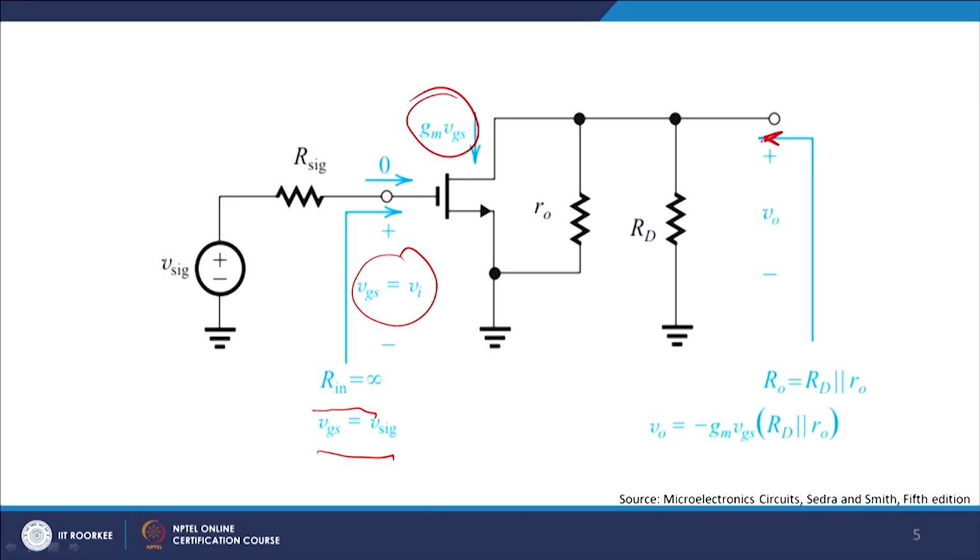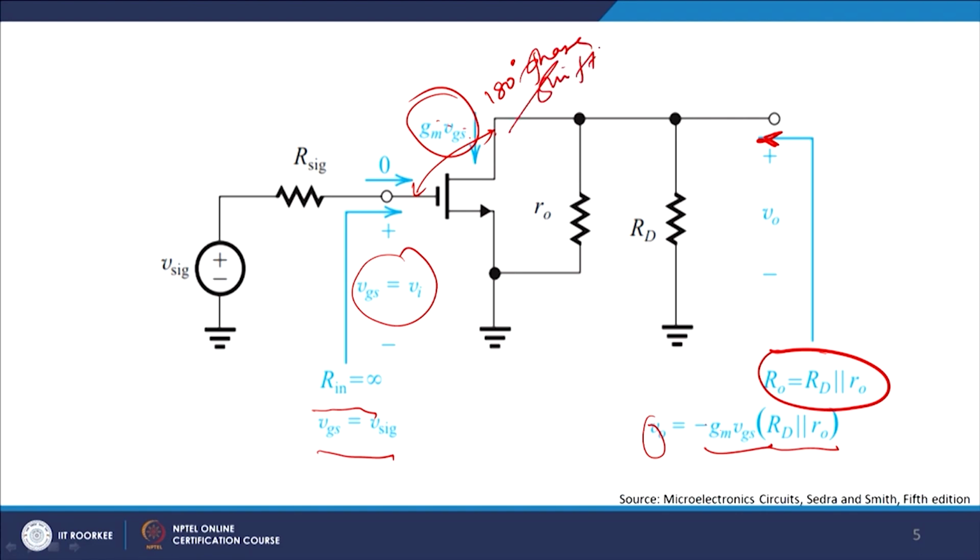The output voltage is GM VGS multiplied by RO, because current multiplied by output impedance will be the output voltage, and therefore you get GM times VGS multiplied by RD parallel to RO equals VO, with a negative sign because between the gate and drain of a MOS device you will always have a 180 degree phase shift, and that is perfectly plausible.